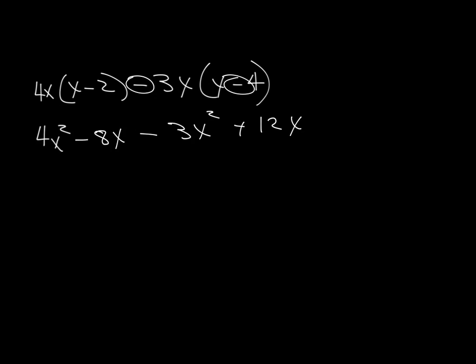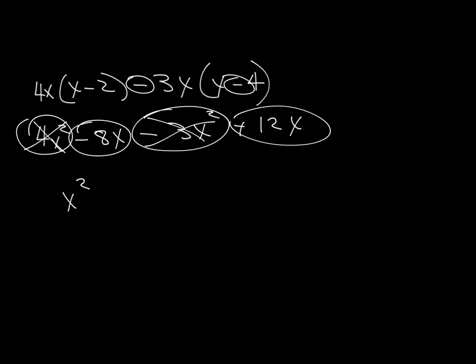Negative times negative is a positive. Alright, now I'm going to look and see what I can combine. I can combine that and that since they both have x squareds. So 4 minus 3 is 1. So those are done. And then a negative 8x plus a 12x is going to be 4x. So I'm going to get x squared plus 4x.